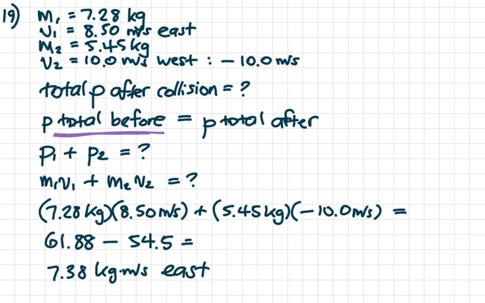It just says magnitude, so I don't actually even need the direction, but I would have 7.38 kilogram meters per second for my answer. That would be both before and after the collision, because total momentum is conserved. And they're saying in the answer key 7.4. I don't know why they're doing 2 sig figs. All of the numbers they gave initially are 3 sig figs. Whatever, close enough.